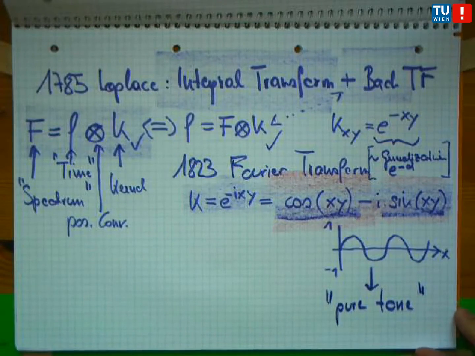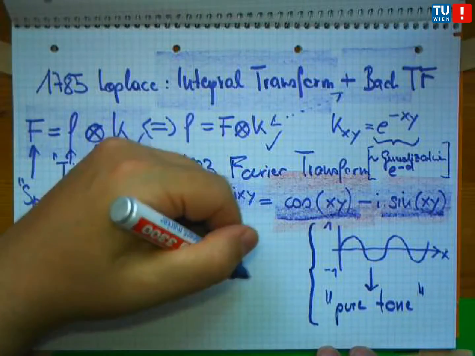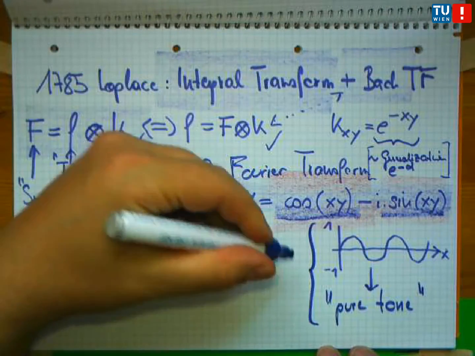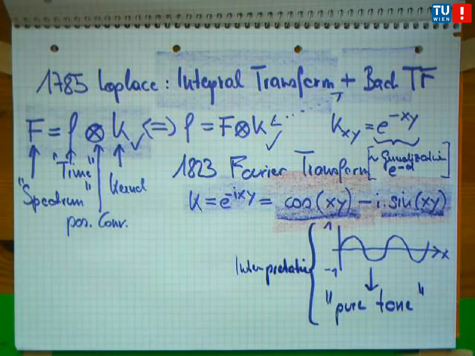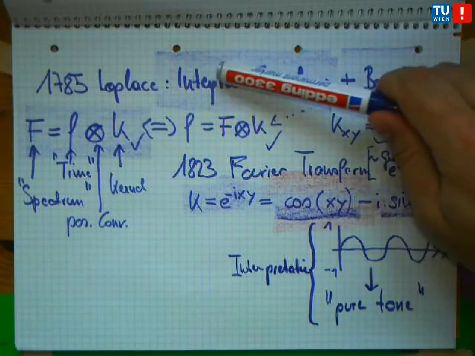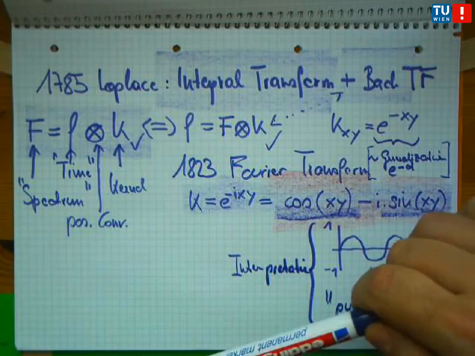Sorry. A pure tone is not pleasant. It doesn't have any overtone structure, so it is nothing that you would actually want to have. However, it gives you a nice way of interpretation. So, for a second time, Laplace had a certain need and developed the integral transform.